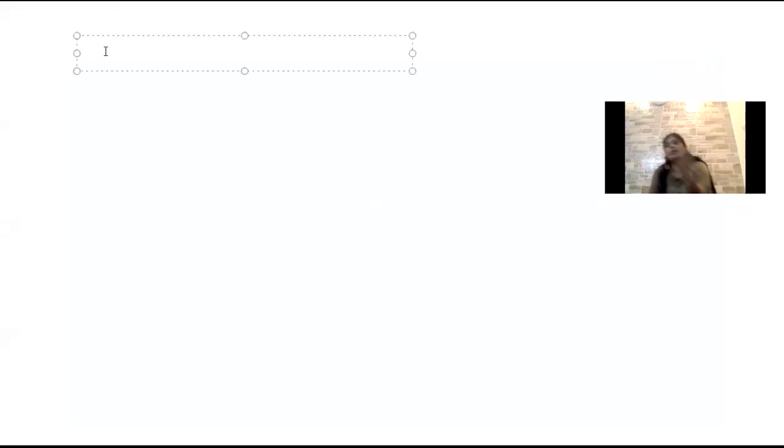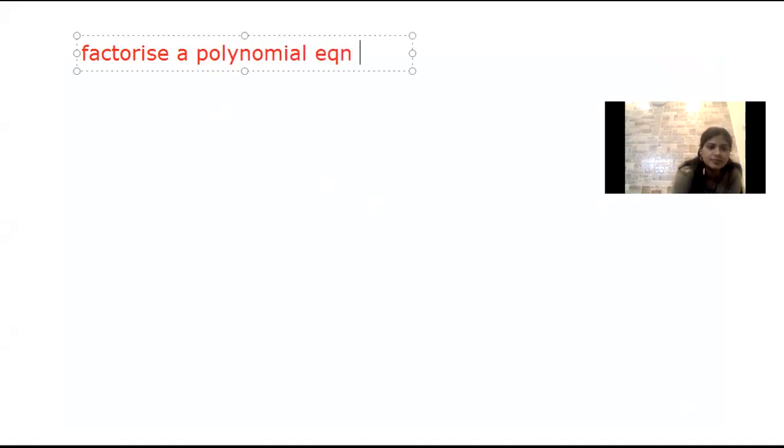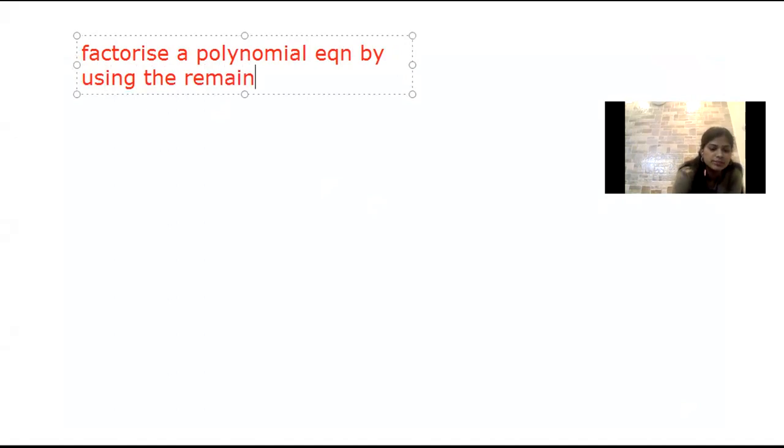So we're going to solve a problem using the remainder theorem. Let me write the question: factorize a polynomial equation by using the remainder theorem.